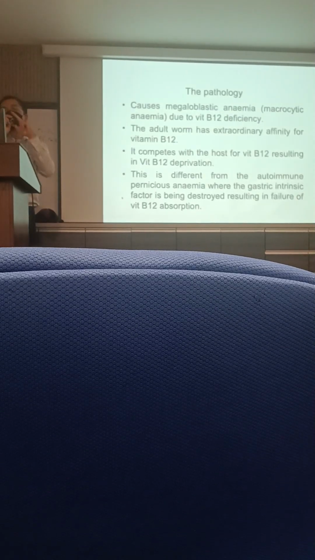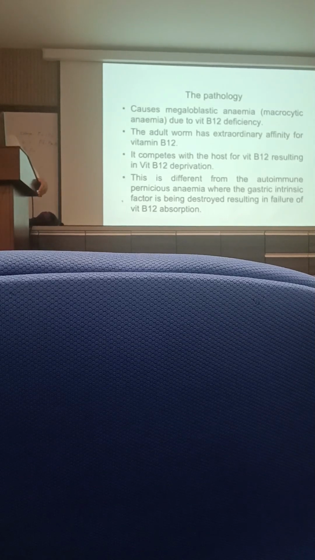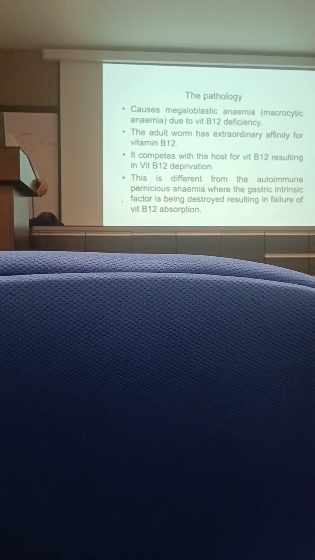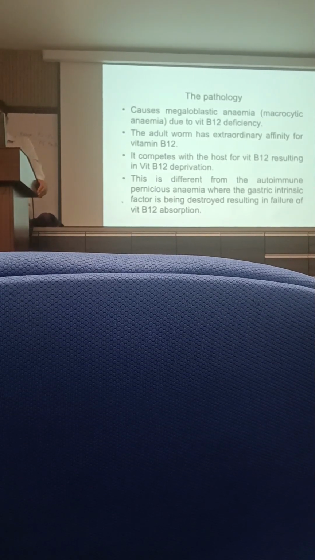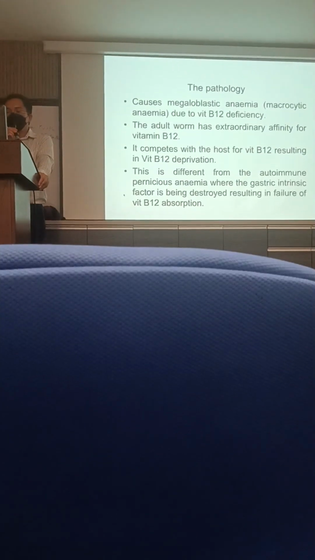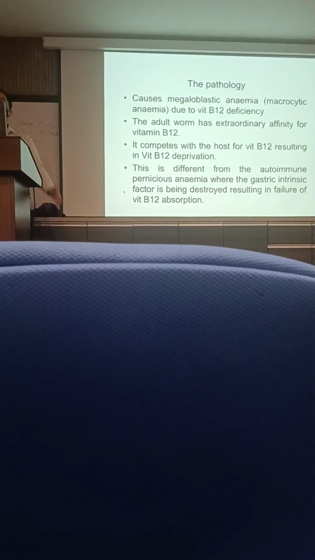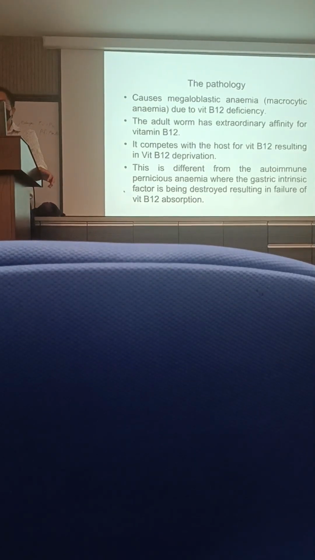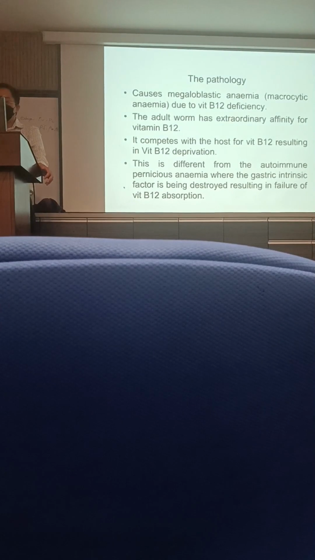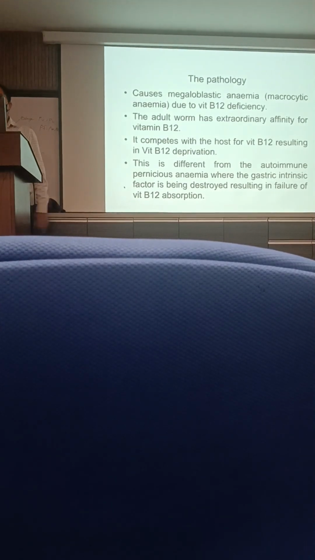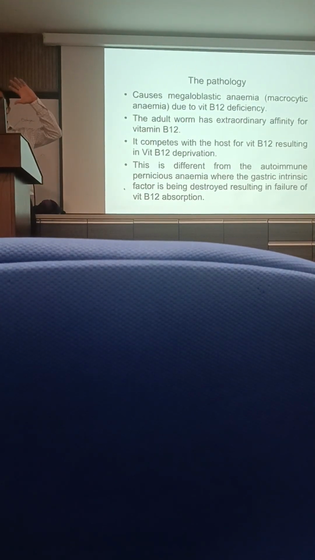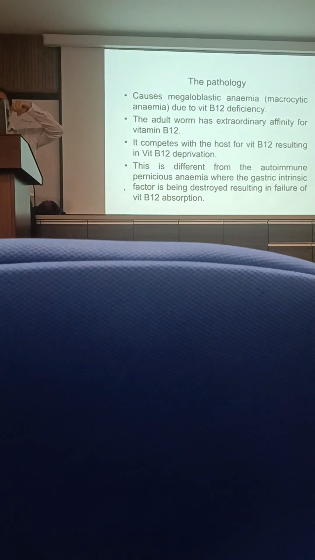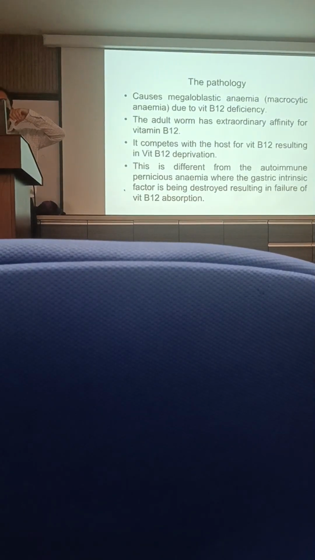So the main thing for you as medical practitioners is the pathology, right? So the pathology mainly is megaloblastic anemia. So what is megaloblastic anemia or macrocytic anemia? The cells become large, the red blood cells, instead of small in microcytic anemia. The commonest anemia is which one?